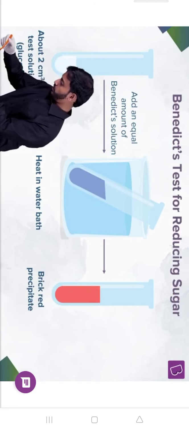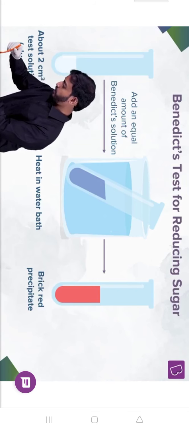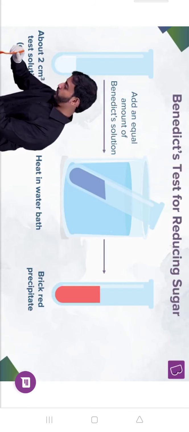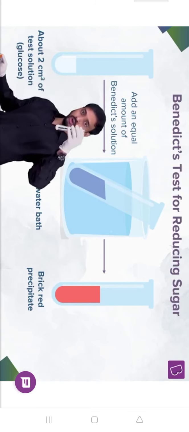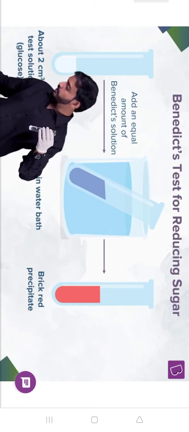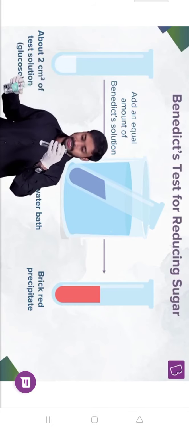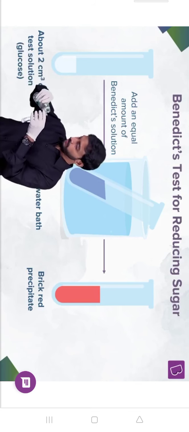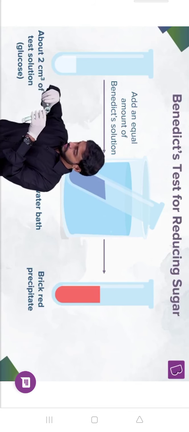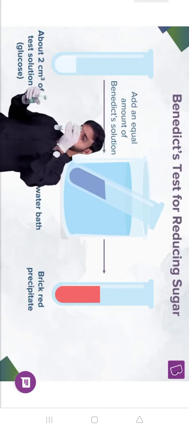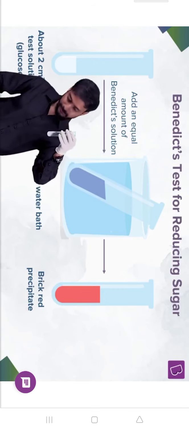You can also do this test, but of course when someone experienced is present in front of you. So see, I've taken some glucose. Great. I'll prepare a solution. Glucose solution is ready. Do you see the color?